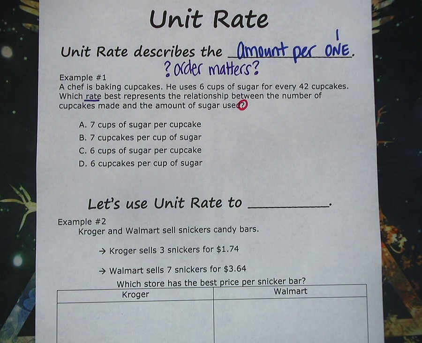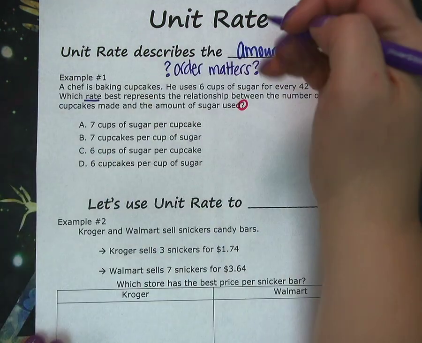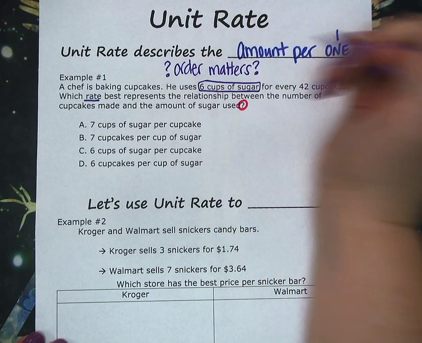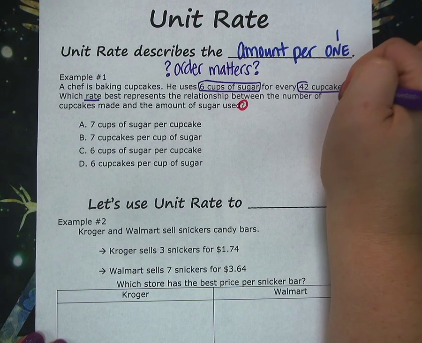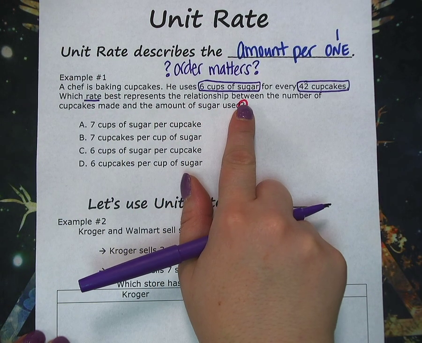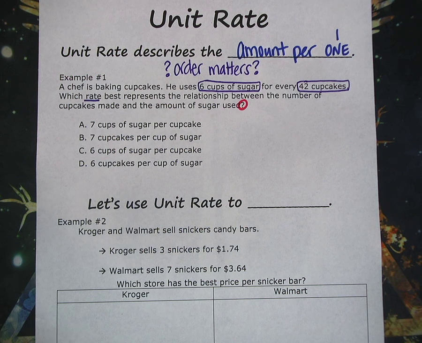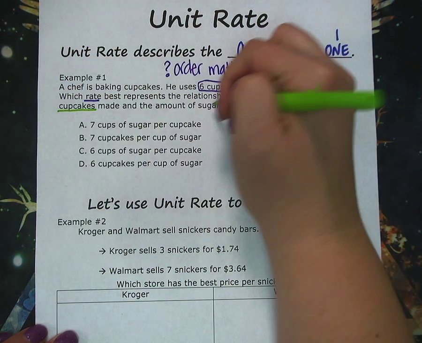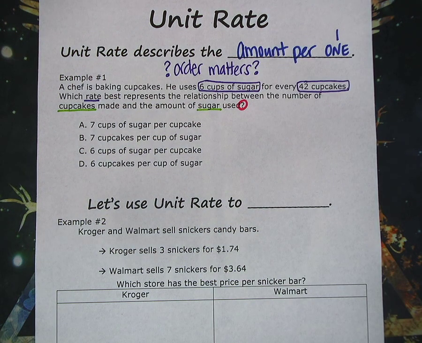Okay, so as we read through our question, we can see we have 6 cups of sugar, and we have 42 cupcakes, okay? And then it says which rate best represents the relationship between the cupcakes and the sugar. So that's the order that we're going to use.